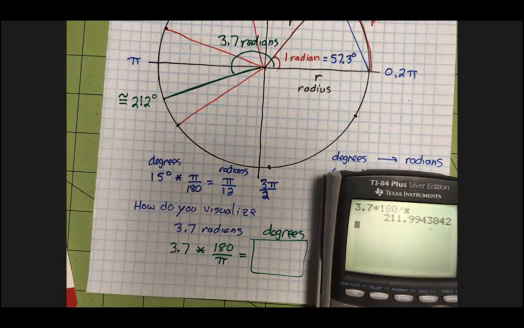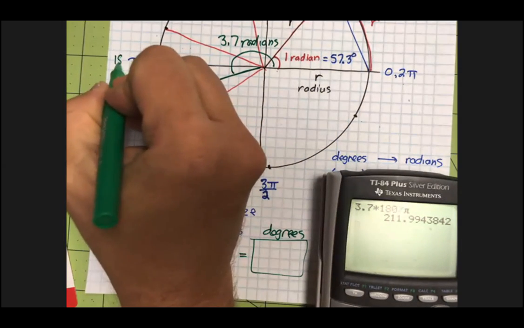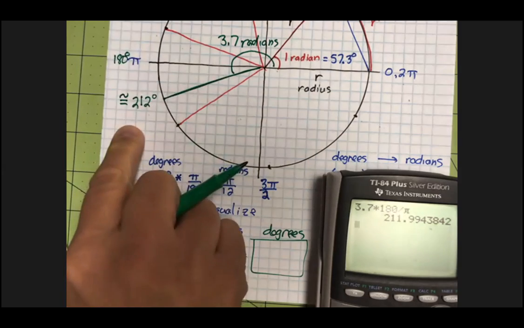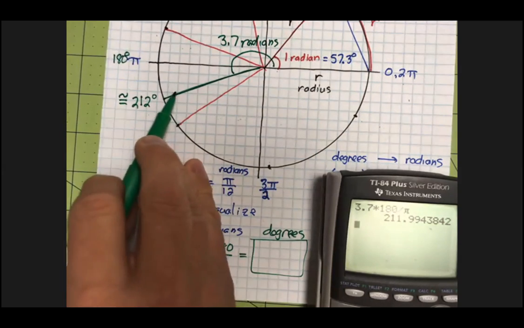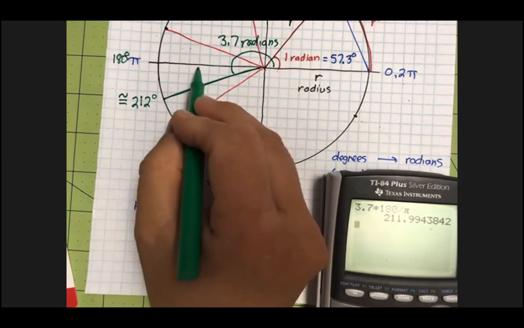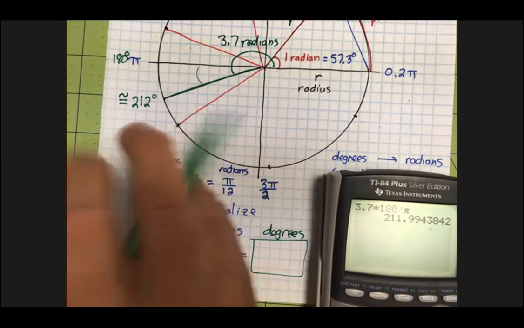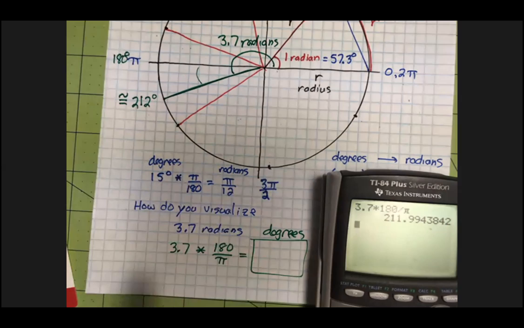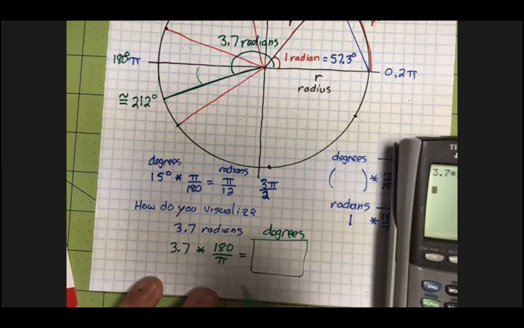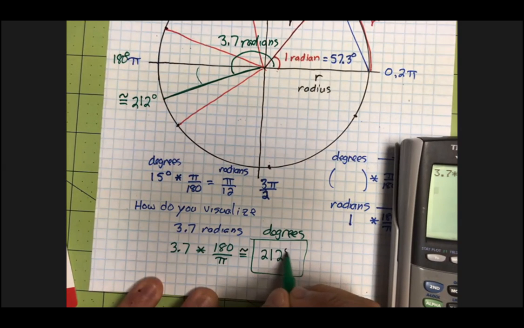Very nearly 212 degrees. That looks credible because I know halfway around the circle is 180 degrees. So this could be 32 degrees past 180. That doesn't look like a 30-degree angle there, but maybe I didn't draw my 3.7 nicely. But at least it's credible that that represents approximately 212 degrees.